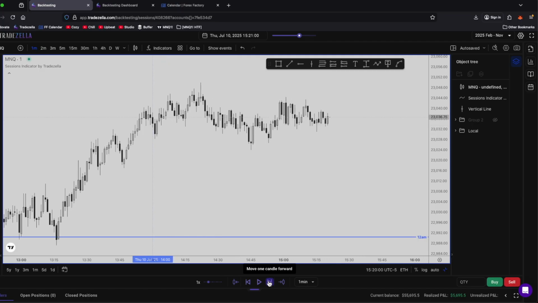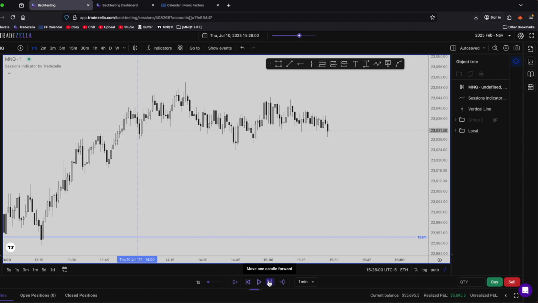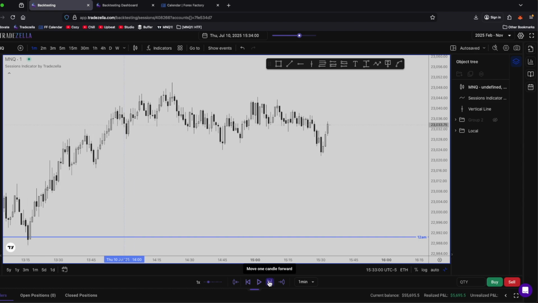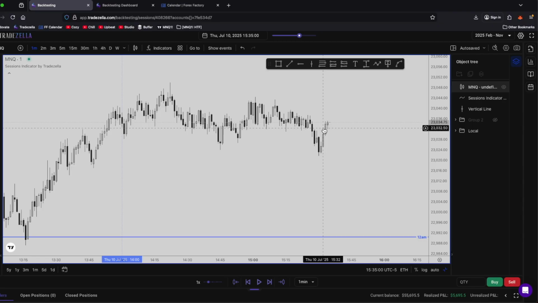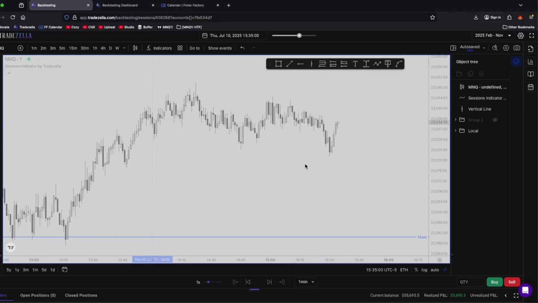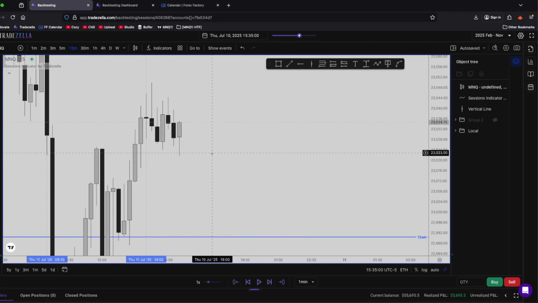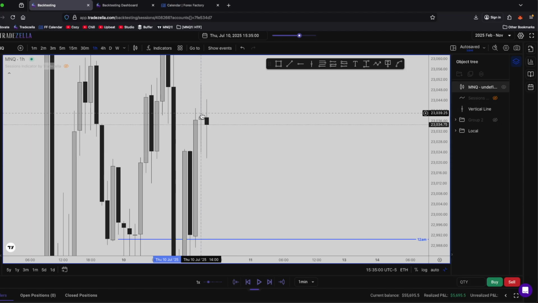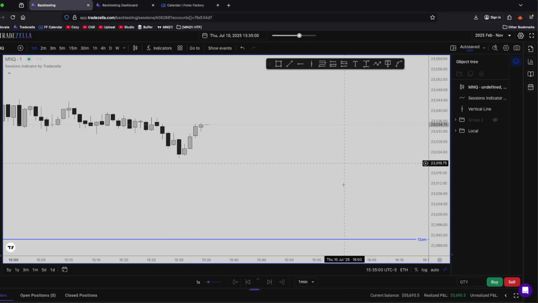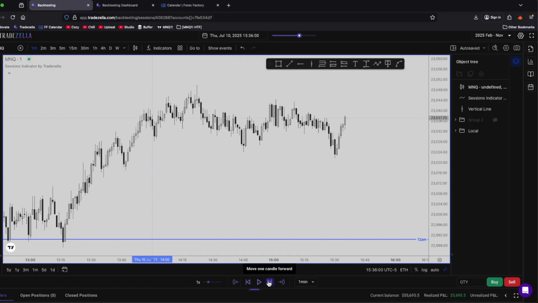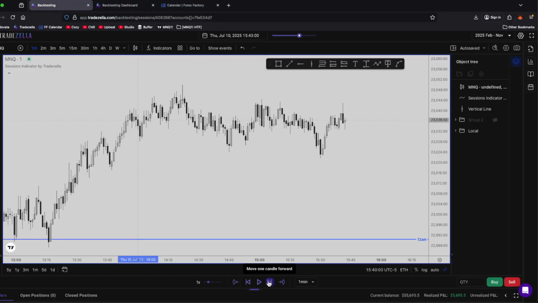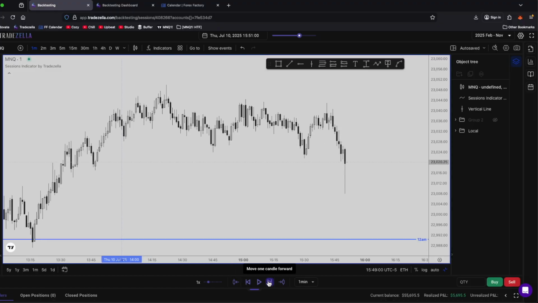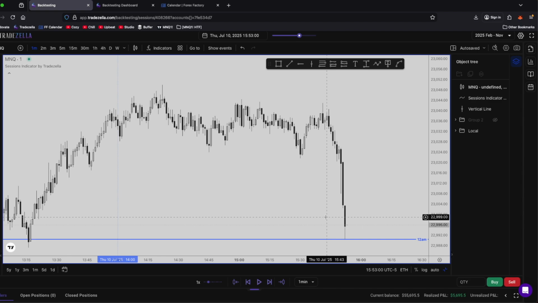And approaching 3:30, just sideways. 15-minute sideways. There's no 15-minute gap down in here. 1 hour compression candle.